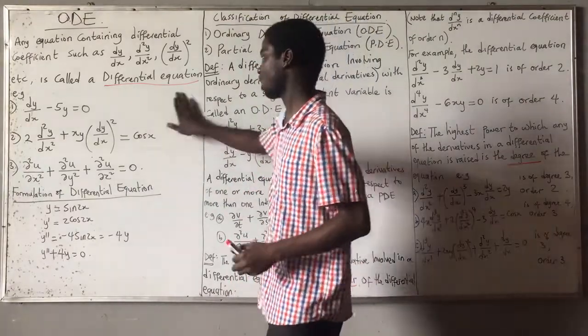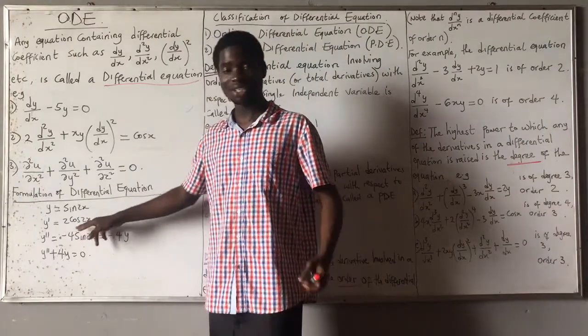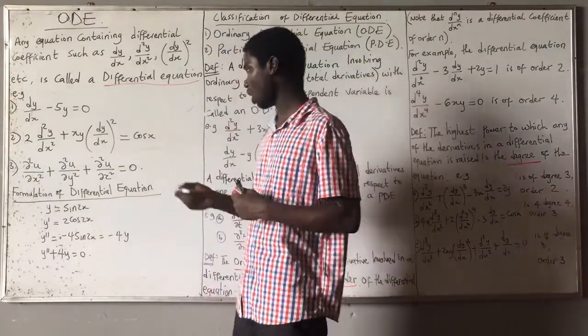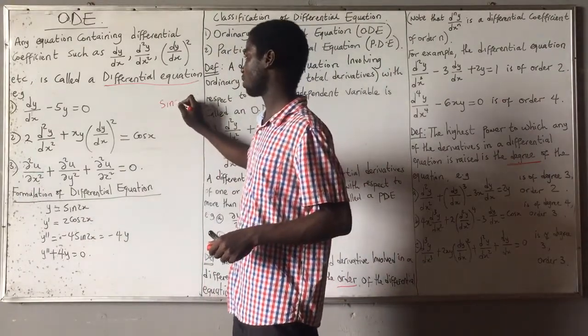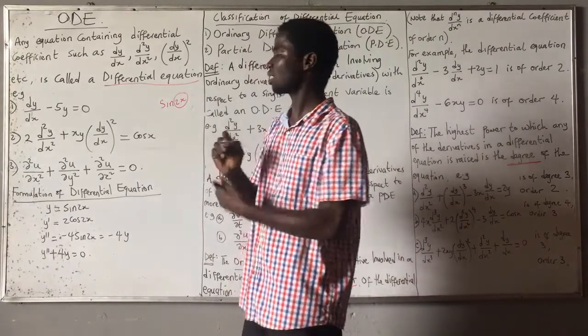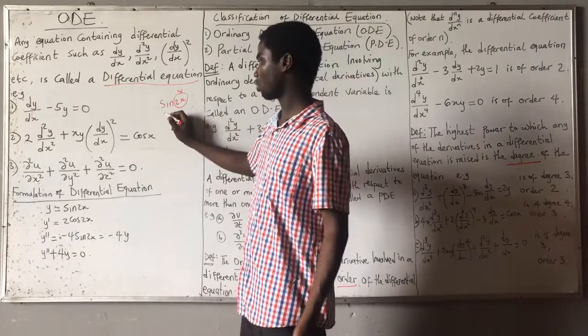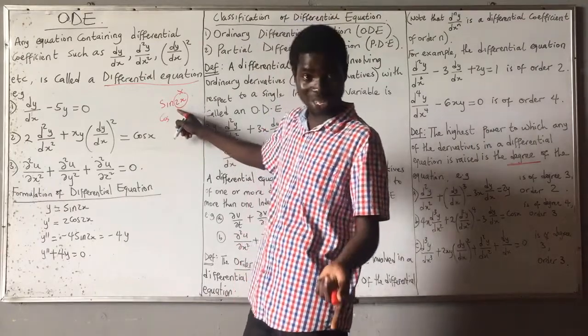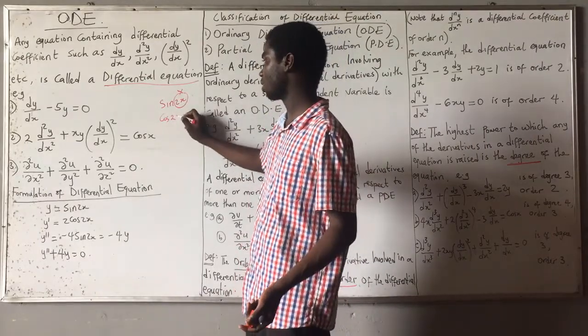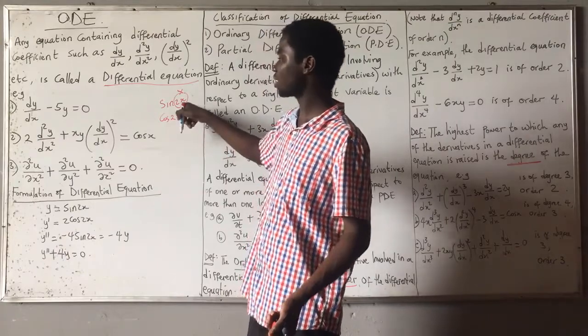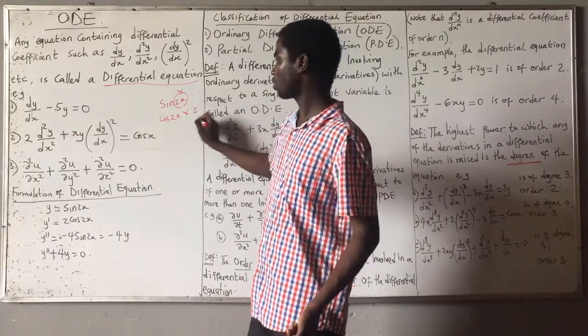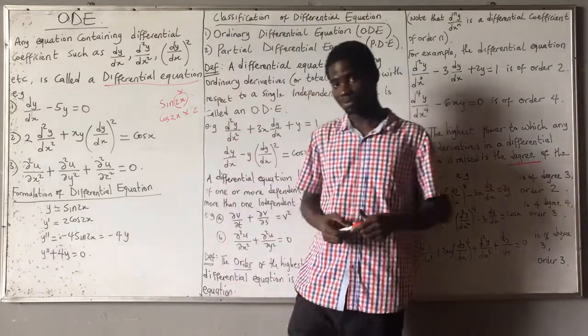In summary, differentiate sin 2x, the answer is 2 cos 2x. I only want to explain how we got 2 cos 2x. This 2x, do as if it's only x that is here. Differentiate sin x, the answer is cos x, but it is not x, it is 2x, so multiply by what you differentiate x to get, 2. So the answer is 2 cos 2x.